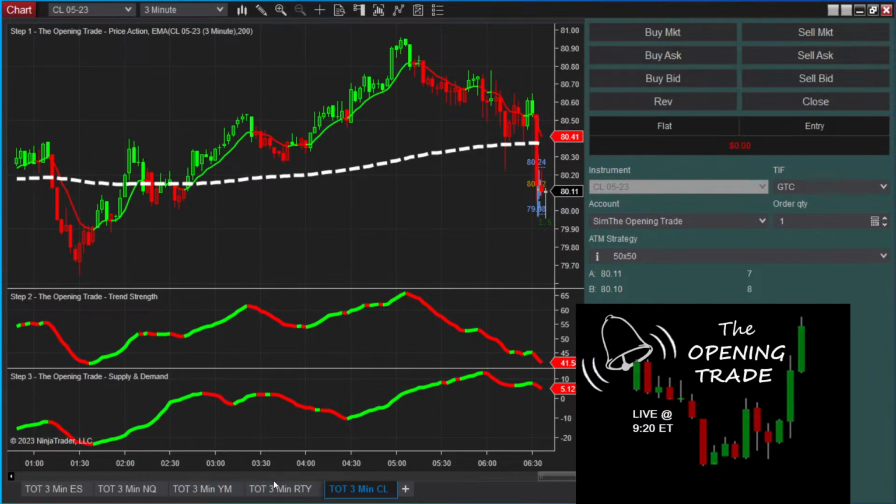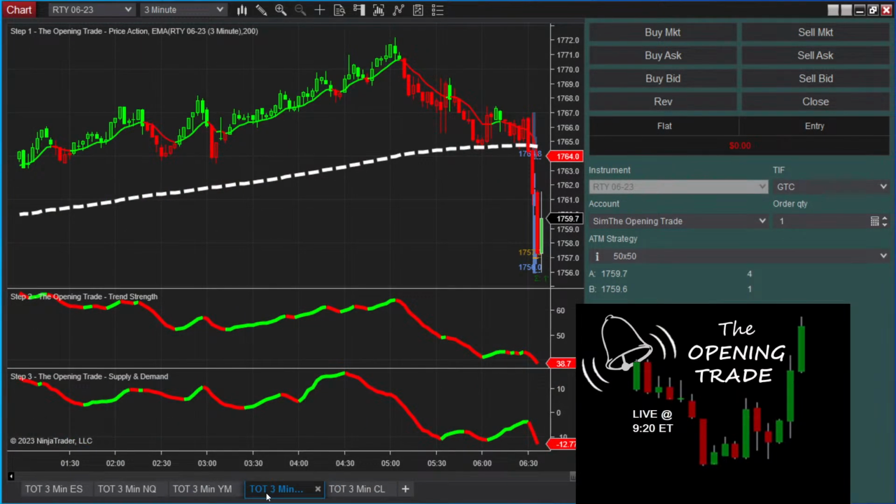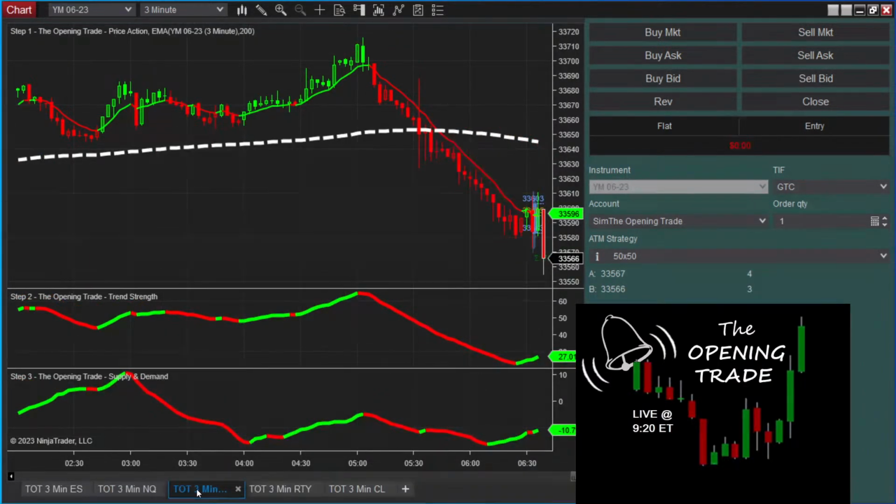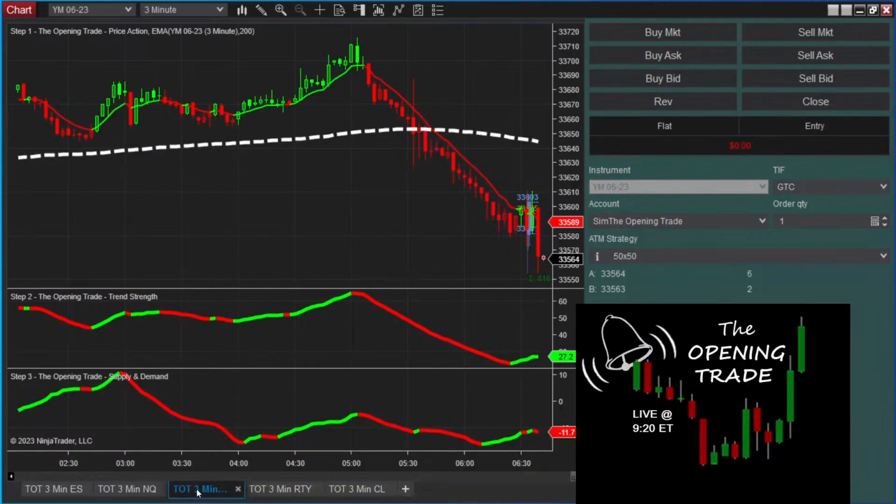So crude oil is still making its pull down below the 200 period EMA. The Russell doesn't know what it's doing. The Dow just gave its first two indicators that it might be working its way back to the 200 period EMA, but no guarantee because we still see green in the middle.